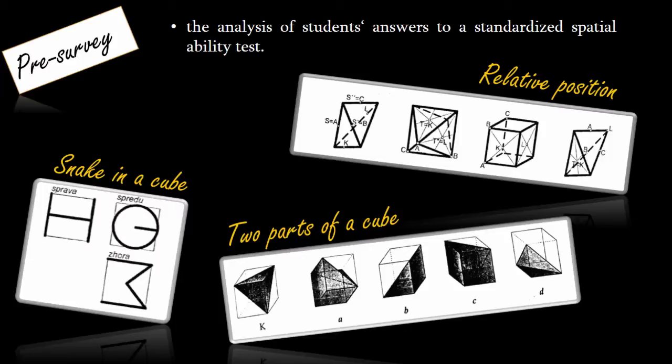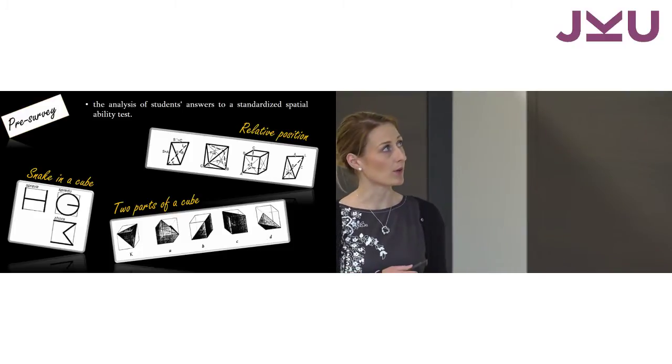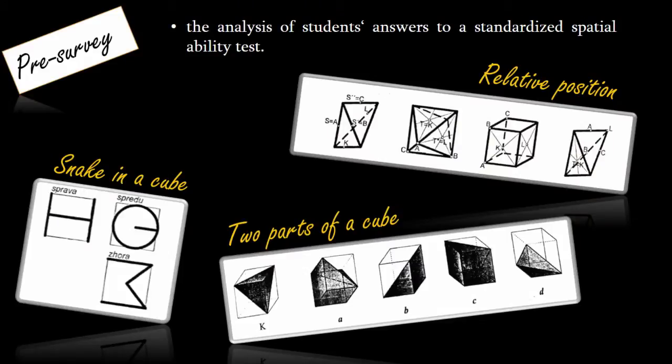The second is called snake in a cube. We can see 3 perspectives, the front, right, and the top, and the students had to draw a snake in a cube in space. The last one is two parts of the cube.